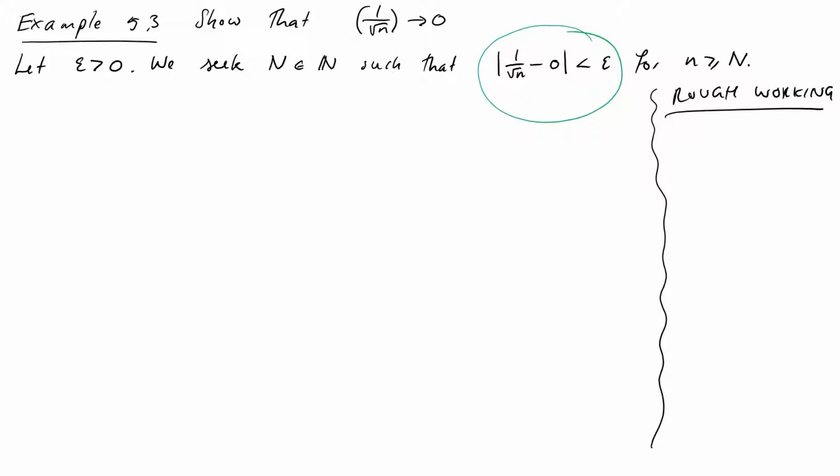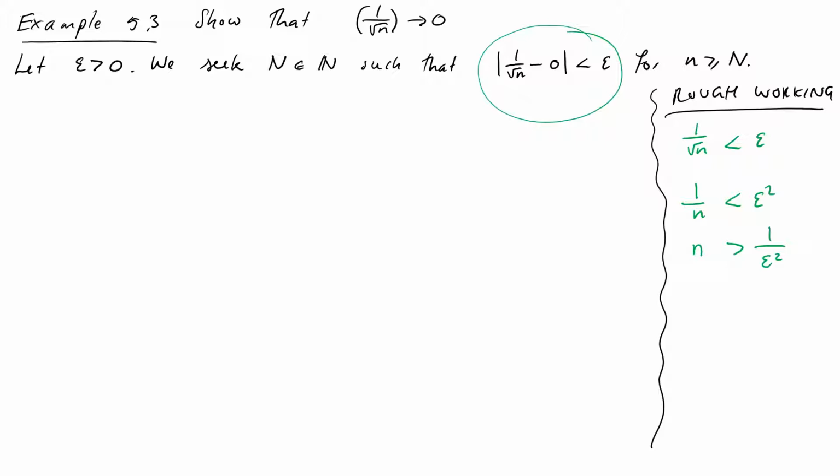So we know that n is positive, so this is really the same as 1 over root n is less than epsilon. Now if I mess around with this a wee bit, I'll get 1 over n is less than epsilon squared. Alternatively, I'll get n is greater than 1 over epsilon squared.